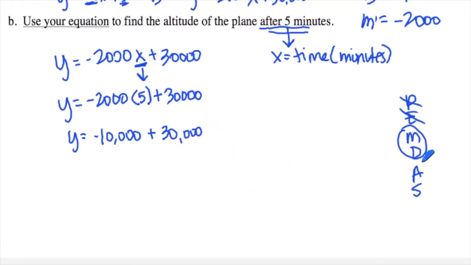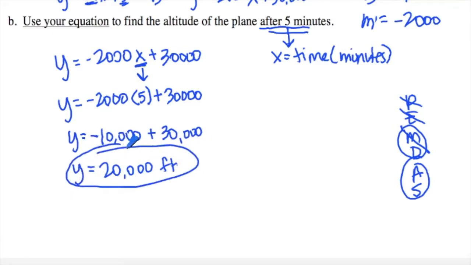And now that I've taken care of the multiplying and dividing, I'm going to add and subtract. So y is equal to negative 10,000 plus 30,000. It's the same as 30,000 minus 10,000. So we'll say it's going to be 20,000, and we're measuring our height in feet, which makes it a better answer.